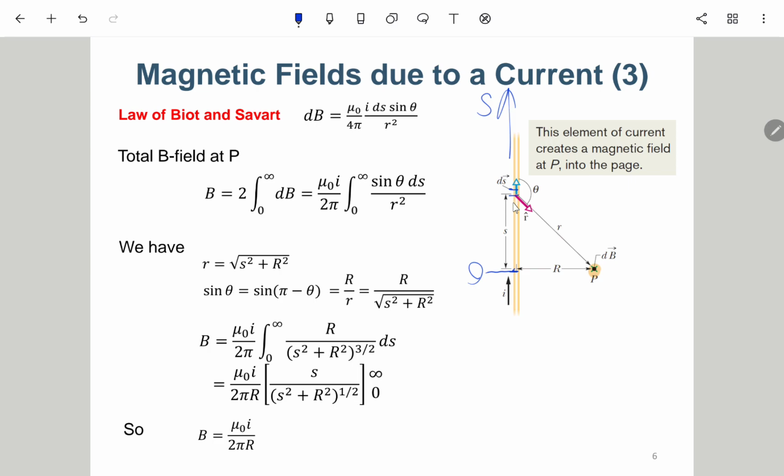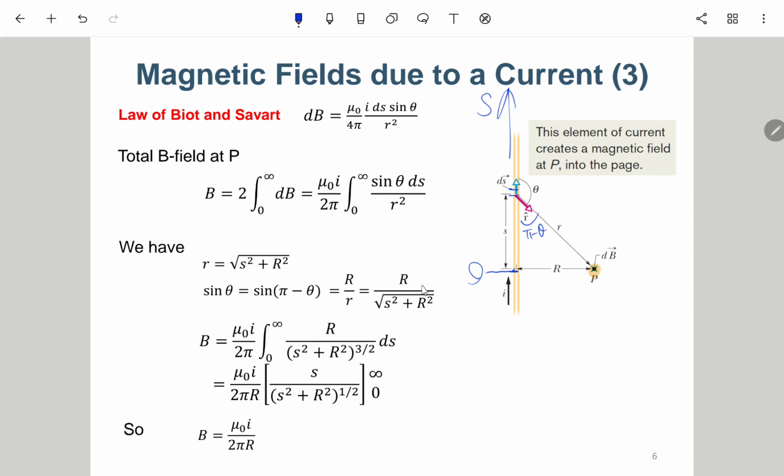And actually the theta is ds cross r. So the theta is this one, and this one will be pi minus theta. Hopefully sine of theta equals sine of pi minus theta.